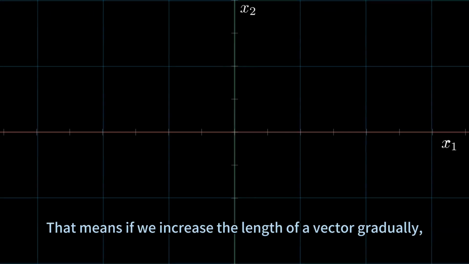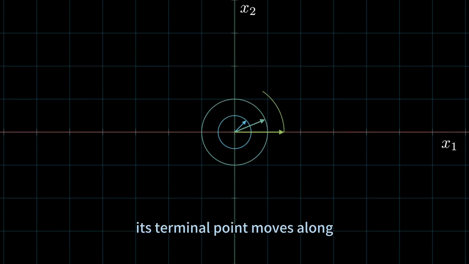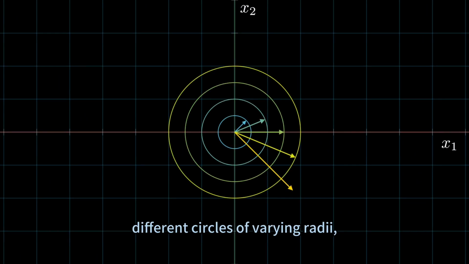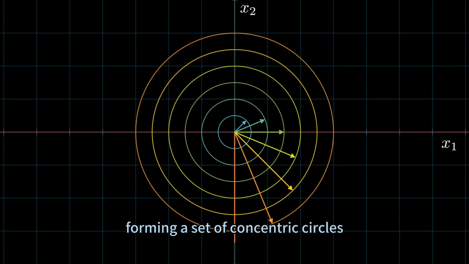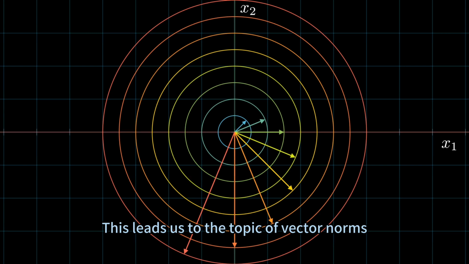That means if we increase the length of a vector gradually, the terminal point moves along different circles of varying radii, forming a set of concentric circles. This leads us to the topic of vector norms we'll discuss very soon.